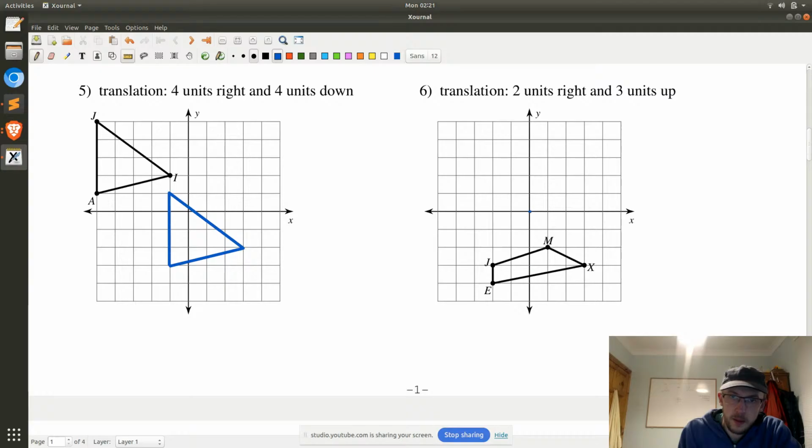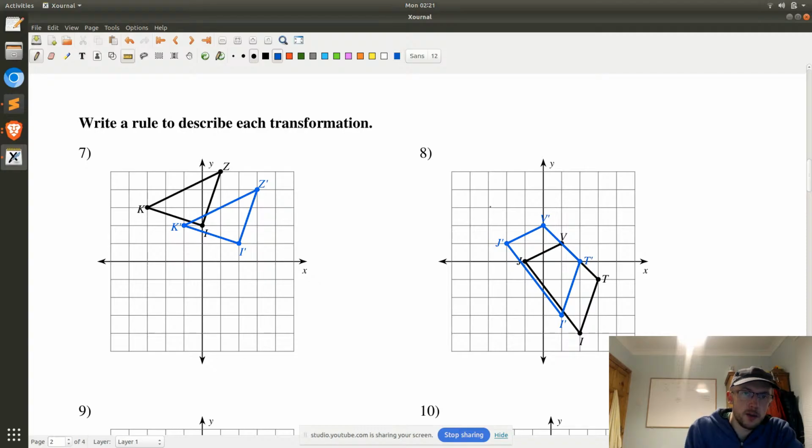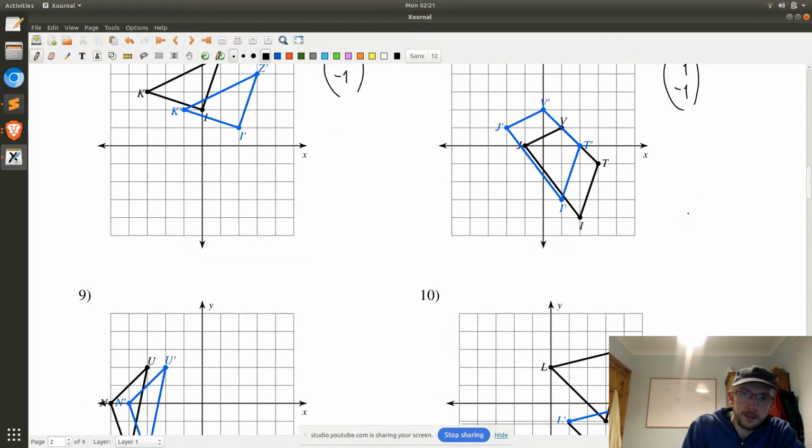Okay. And here we go. Write a rule to describe each transformation. Okay, I'm going to use vector notation. Here we go. And of course, I have to do all the vertices, but with a prime symbol next to them. So, there.